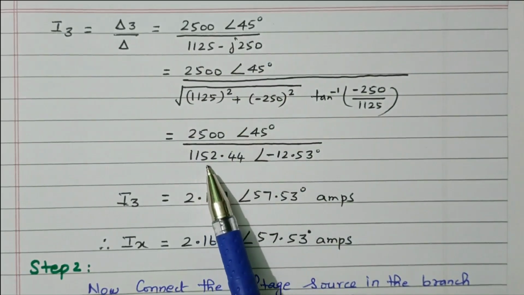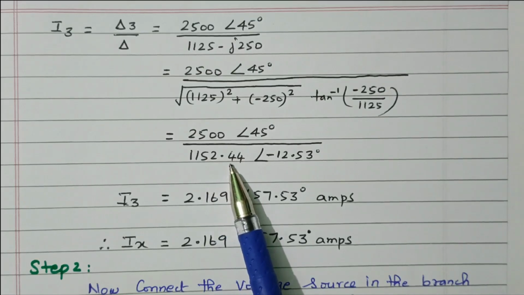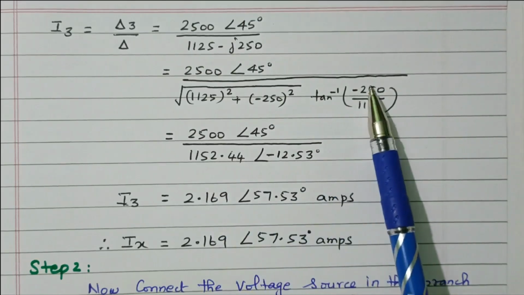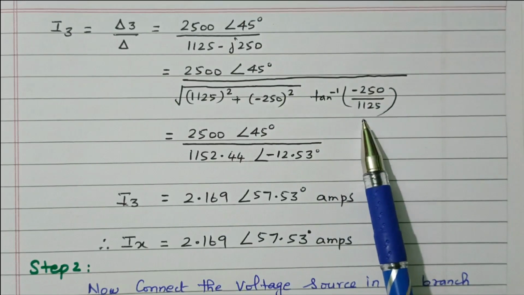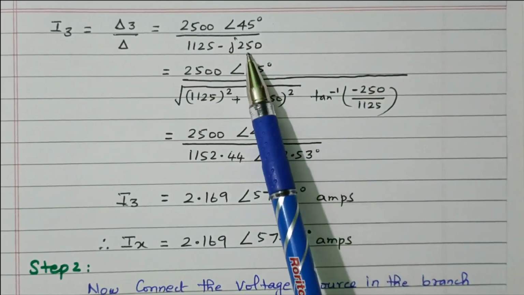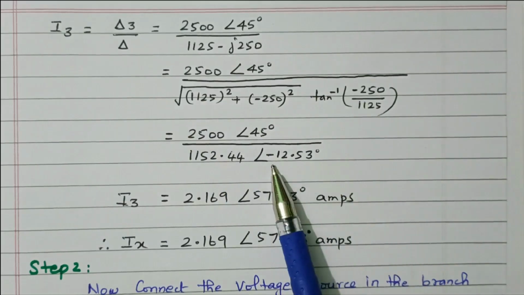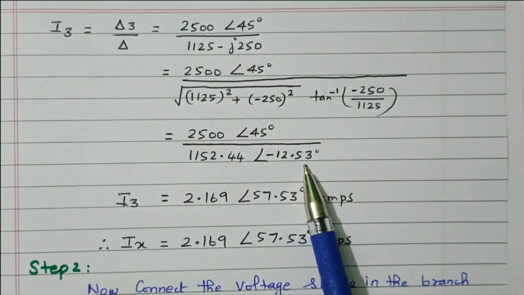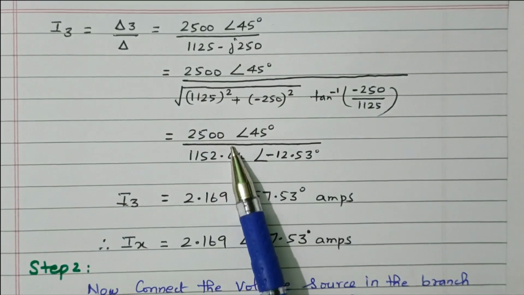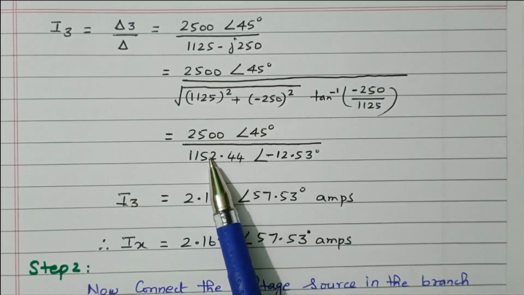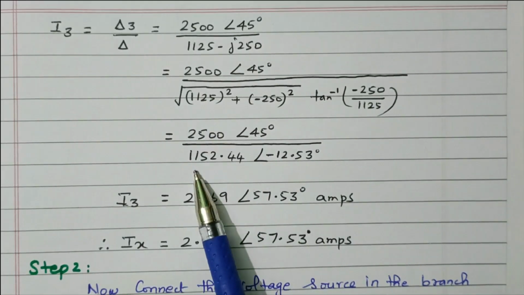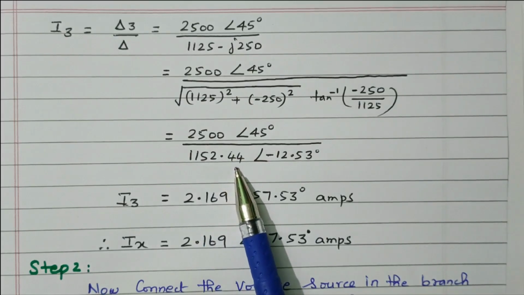That is 1152.44. How to find the angle? Tan inverse b by a, imaginary term divided by real term. So tan inverse minus 250 divided by 1125. That is minus 12.53 degree. Now both are in polar form. Division means we have to divide this: 2500 divided by 1152.44.